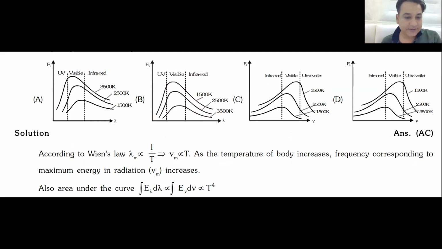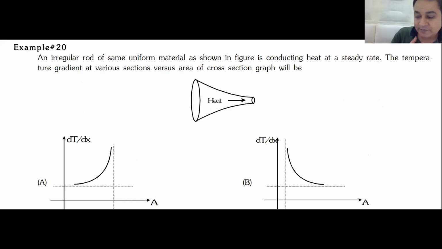Do you understand this, everyone? Yes, sir. This was a simple question on Wien's displacement law. I can't get the entire question on one sheet, so I'll be using two screens here.